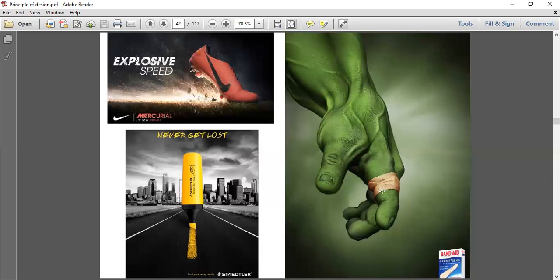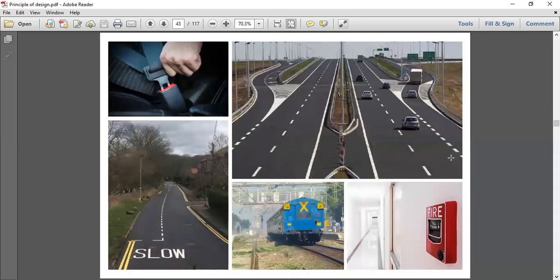But this brand has become a product, and whenever you go, you don't look at what brand is there. You just say, give me a Band-Aid, right? So this is how things really work in day-to-day life.